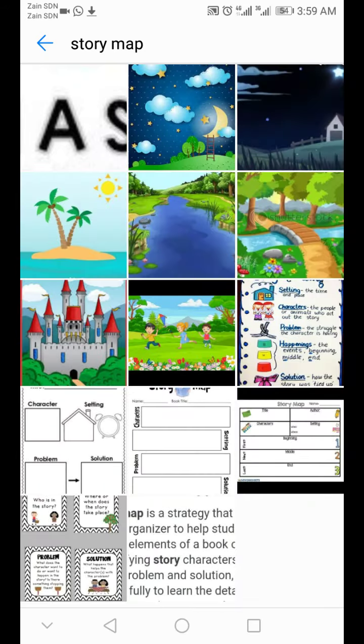To build a story, Grade 3, we need a map. We need a map to build our own story. There is something called a story map. Let's come together and know exactly what a story map is.